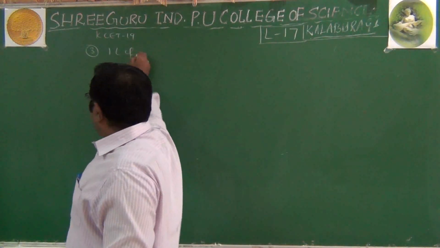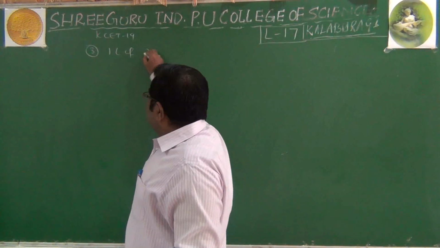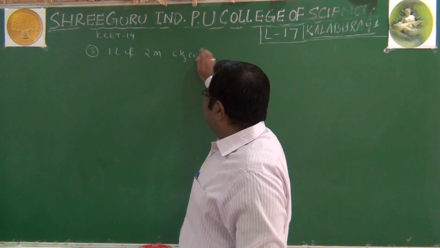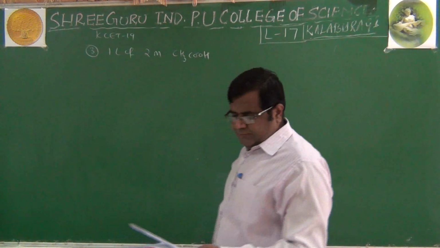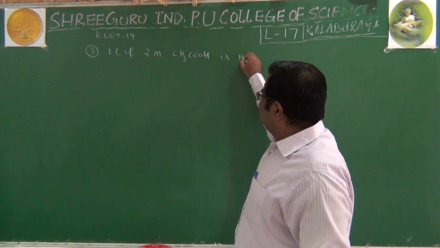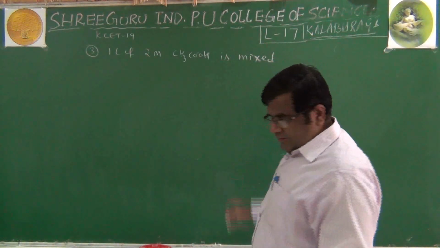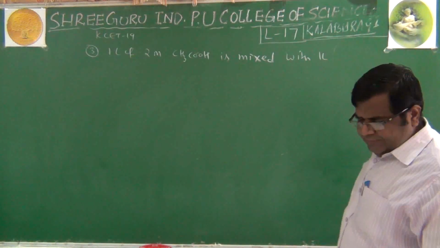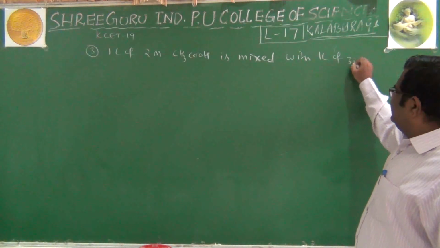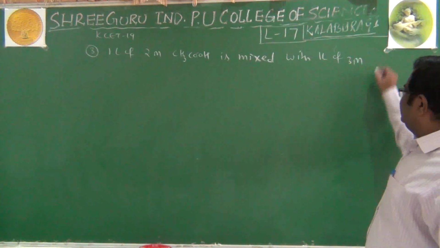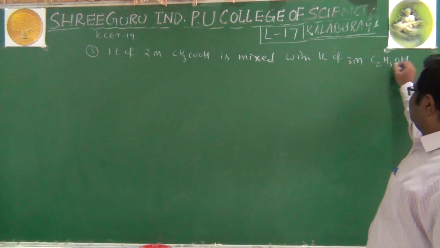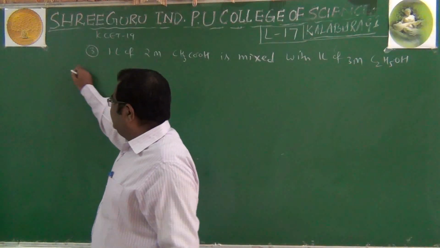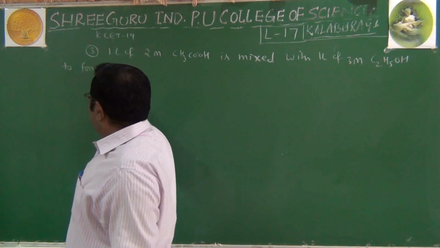1 liter of 2 molar acetic acid is mixed with 1 liter of 3 molar ethanol to form an ester.